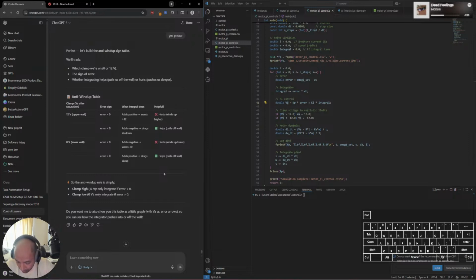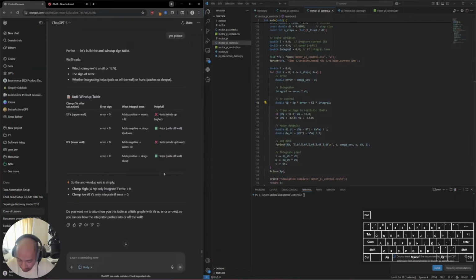And helpful. 12 volt upper wall. We're gonna say error is greater than 0, which means we're under, and error is less than 0, which means we're above.